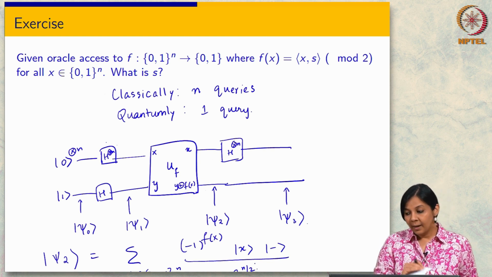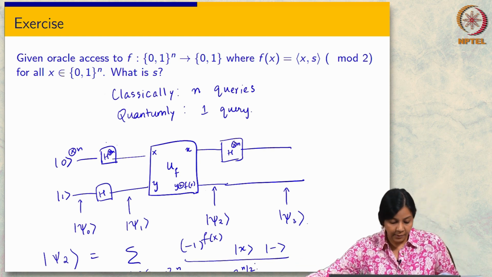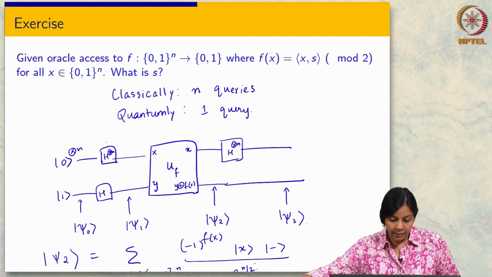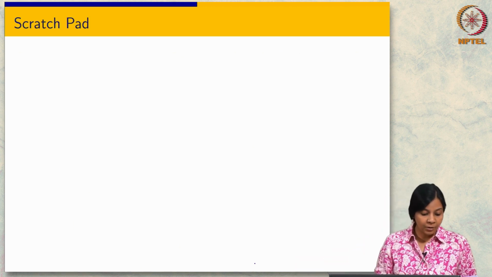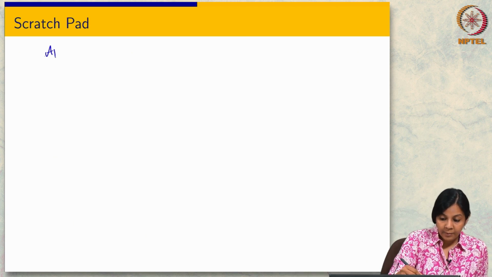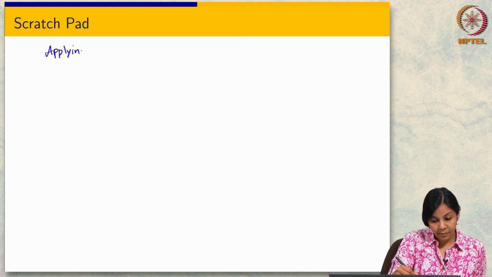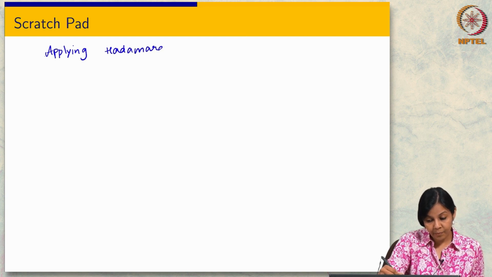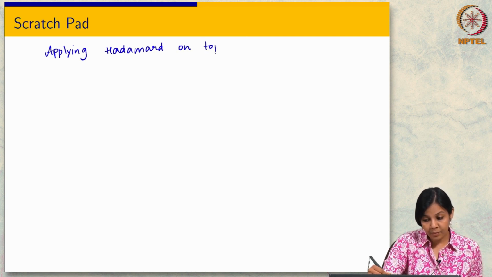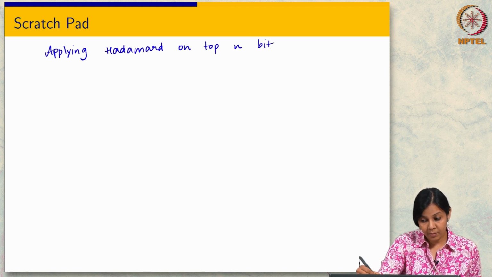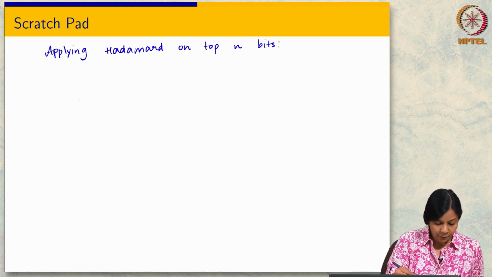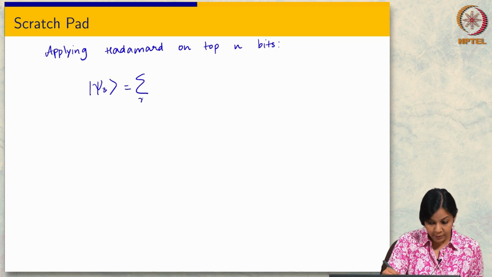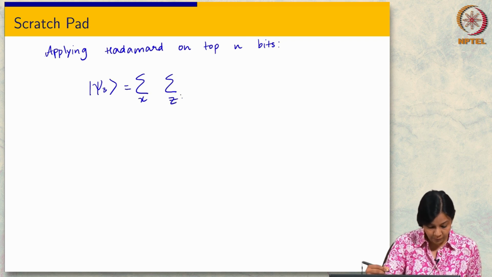Alright, and at this stage we apply the Hadamard on the top n bits. And what do we get? We get psi 3 as summation over x, summation now over z.